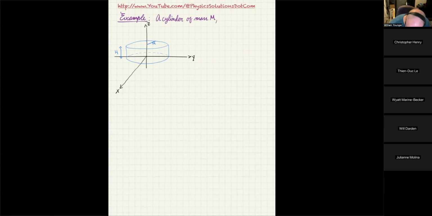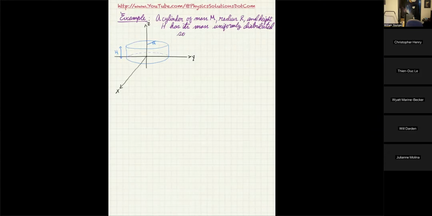Okay. So it's a cylinder of mass m, radius r, and height h, has its mass uniformly distributed so that rho equals m over pi r squared h.